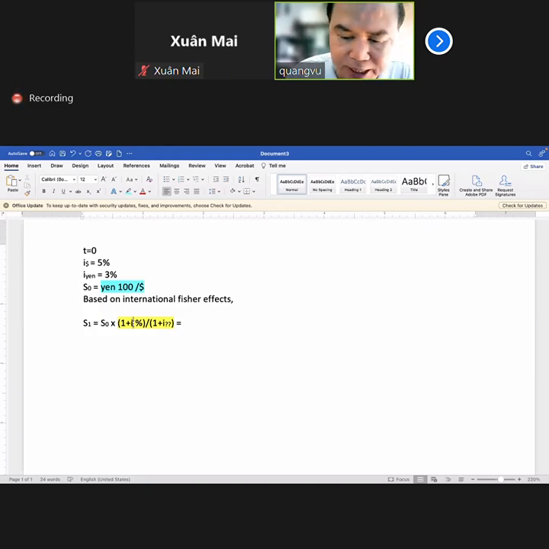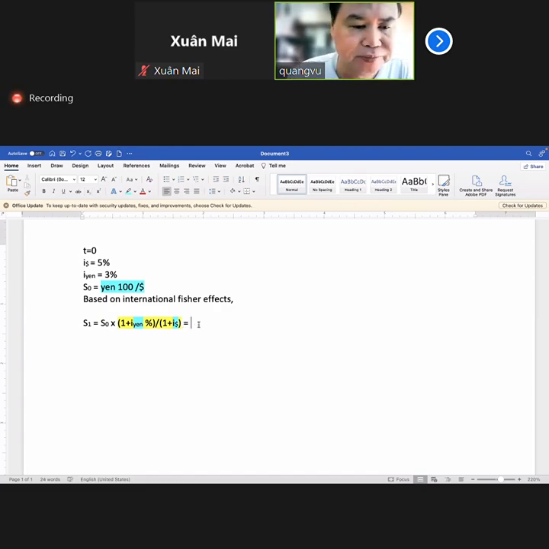And the nominal interest rate in the denominator must be the dollar, in accordance with the exchange rate quotation. See, yen numerator and yen numerator, dollar denominator and dollar denominator of the fraction.